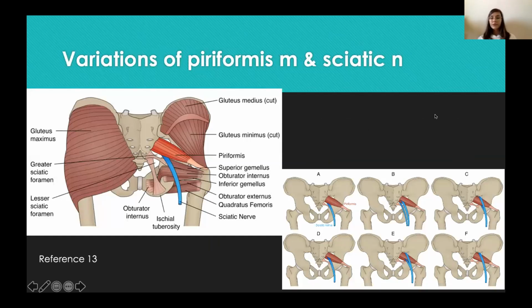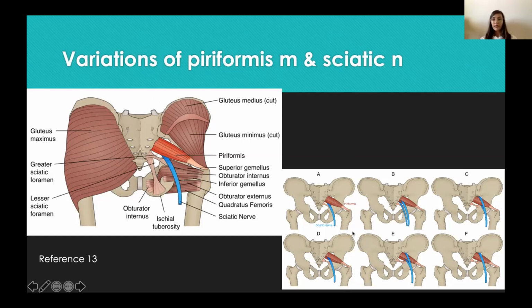And then this picture is just kind of showing you the different variations of the sciatic nerve in relation to that piriformis muscle. So on the left here, it shows you that most textbook version of how the sciatic nerve is relating to the piriformis, and that's most likely going to be coming from under the piriformis and traveling further downstream.